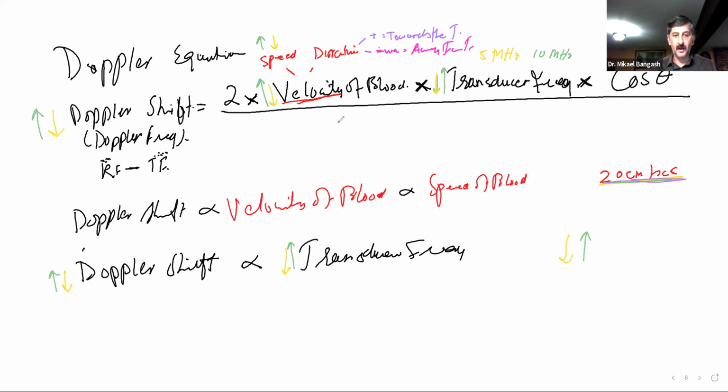What you see as your denominator is the propagation speed. This means just the propagation speed of sound.